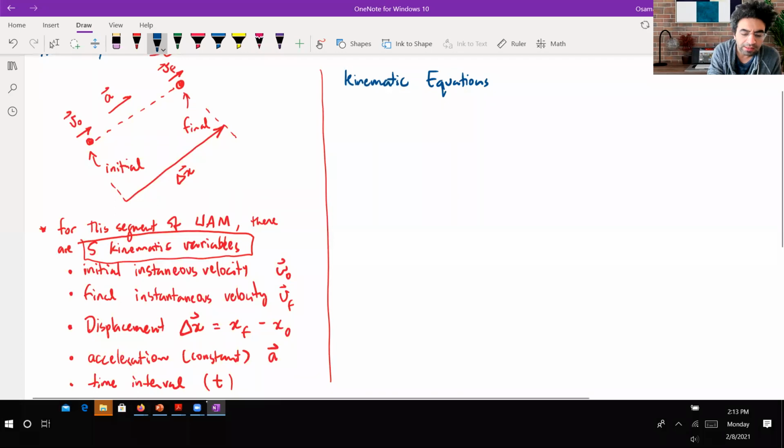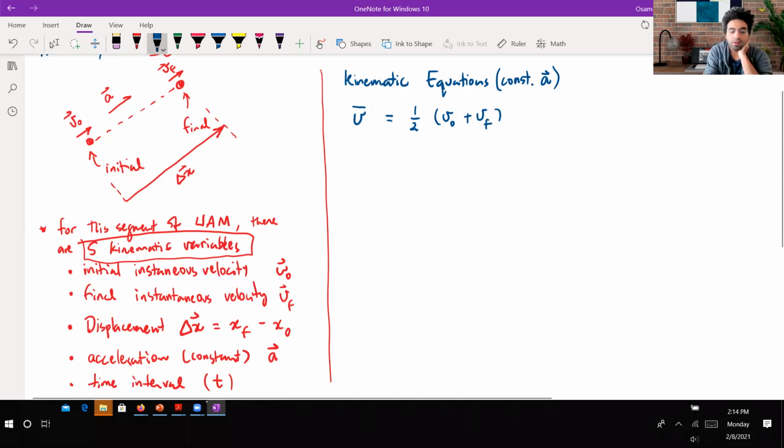And the first one says that for constant acceleration motion, and by the way, these are only valid for that. If the acceleration is changing, then I have to think about it differently. But for a constant acceleration segment of motion, there's something called the average velocity, and it's defined as half the initial velocity plus the final velocity.